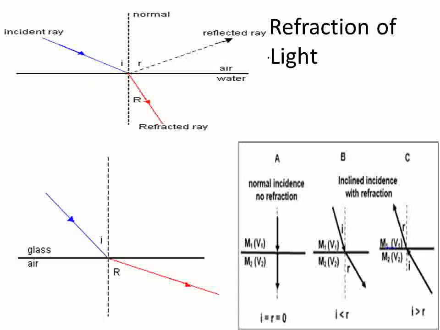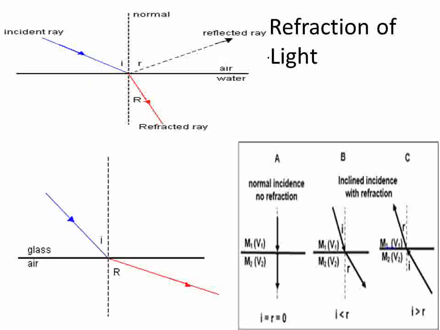Diagram B. The ray of light is coming from medium 1 with velocity V1, at angle of incidence I. In the second medium, M2, its velocity changes, becoming V2, with angle of refraction R, and it is going away from the normal.